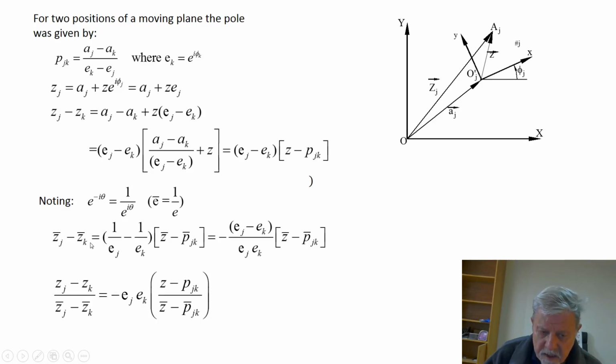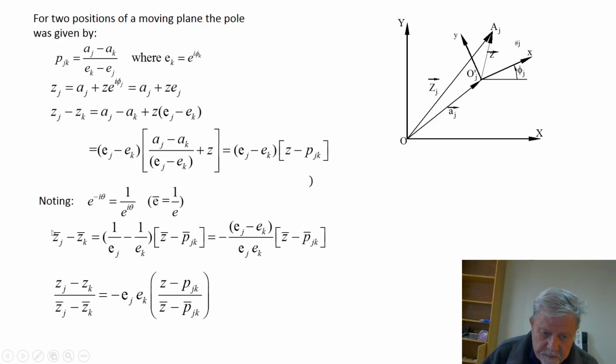Zj bar minus Zk bar will be Ej bar minus Ek bar times Z bar minus Pjk bar. But Ej bar, Ek bar will be 1 over Ej, 1 over Ek. This I can write as minus Ej minus Ek divided by Ej Ek, with jk being 1, 2, 3, 4, times Z bar minus Pjk bar.